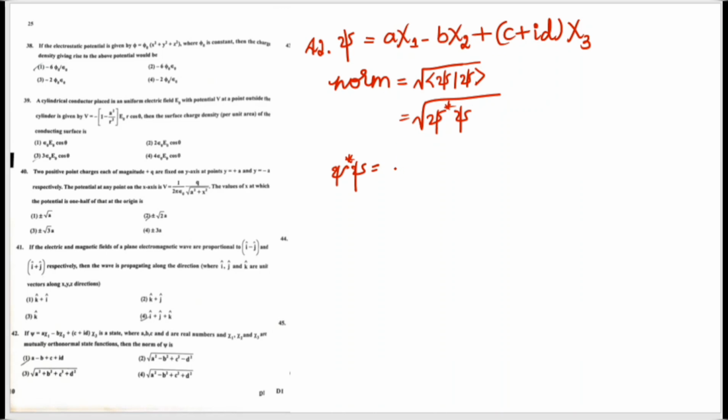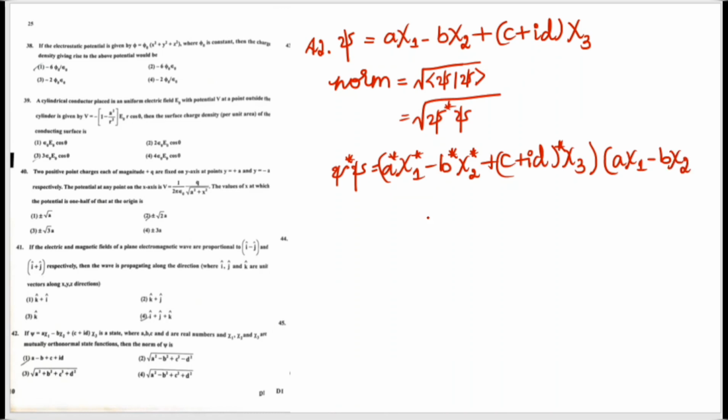It is a star into chi1 star, minus b star into chi2 star, plus c plus i d star into chi3 star, and the remaining psi I'll write as it is, that is into a chi1 minus b chi2 plus c plus i d chi3.